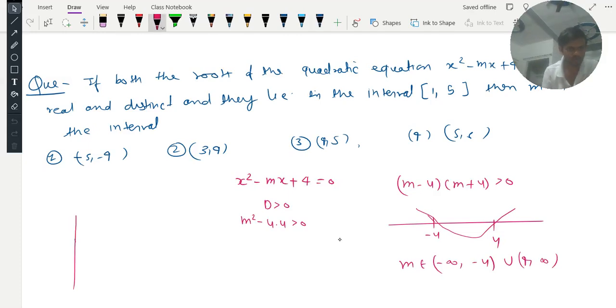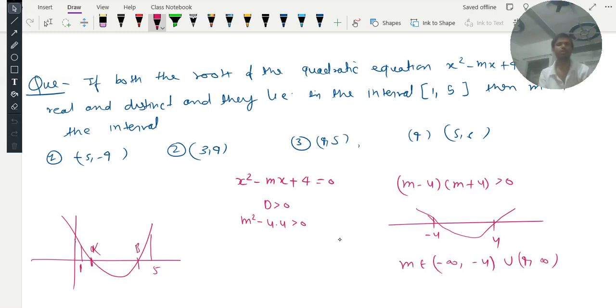So this parabola will be like this, with the numbers 1 and 5 marked; this is alpha and this is beta.